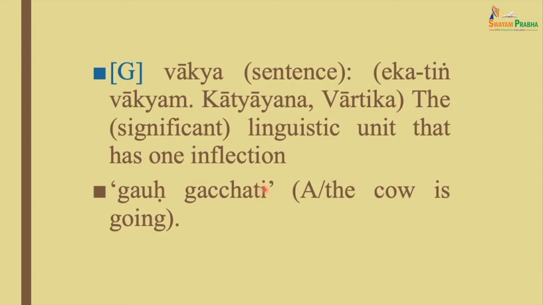This is a conjugational ending because it comes after a verb. So gacchati, gacchatah, gacchanti, all these ti's, right? It means either a cow is going or the cow is going. But the point is that something having at least one conjugational ending is a vakya, otherwise not. It goes pretty close to the idea of a sentence in Western grammar. We are not comparing the two.